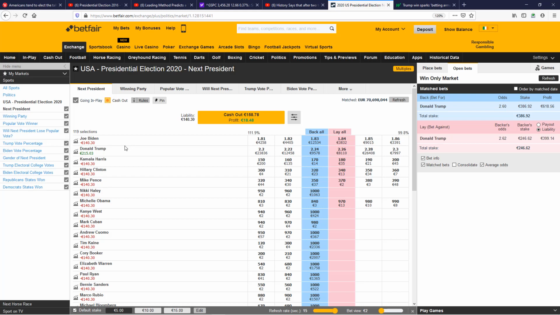I want to wait till the day of the election so that I can have confirmation from the stock market model. So if the stock market is above our level at that stage, then I'd be looking to add backing Trump.